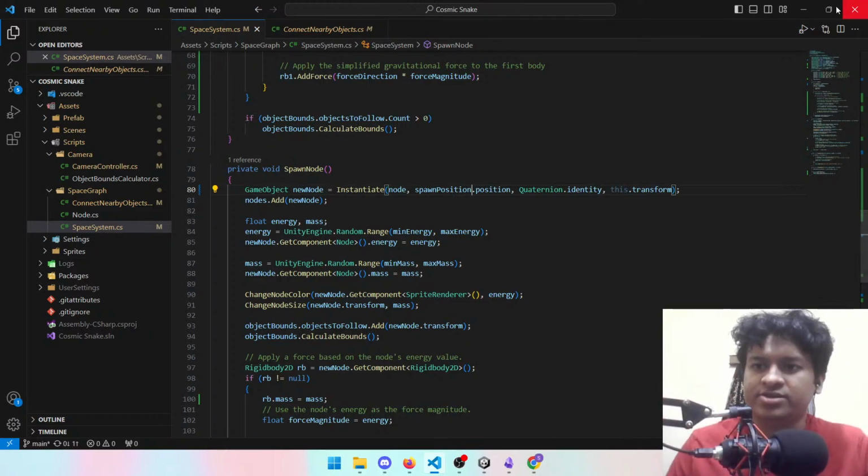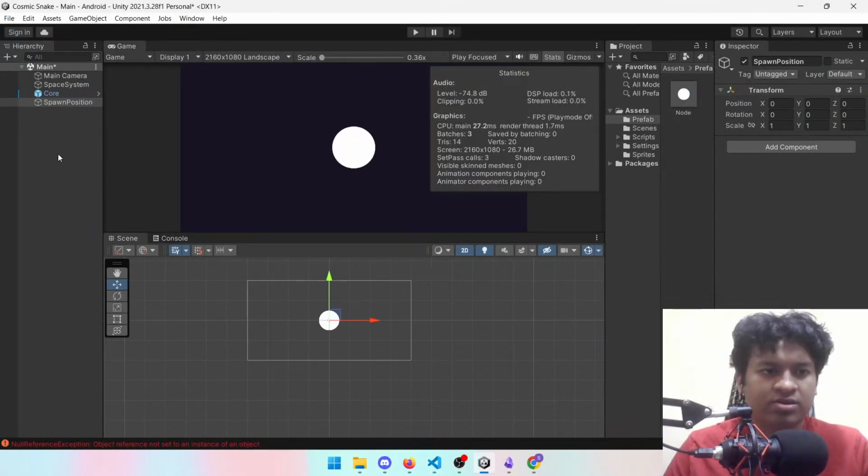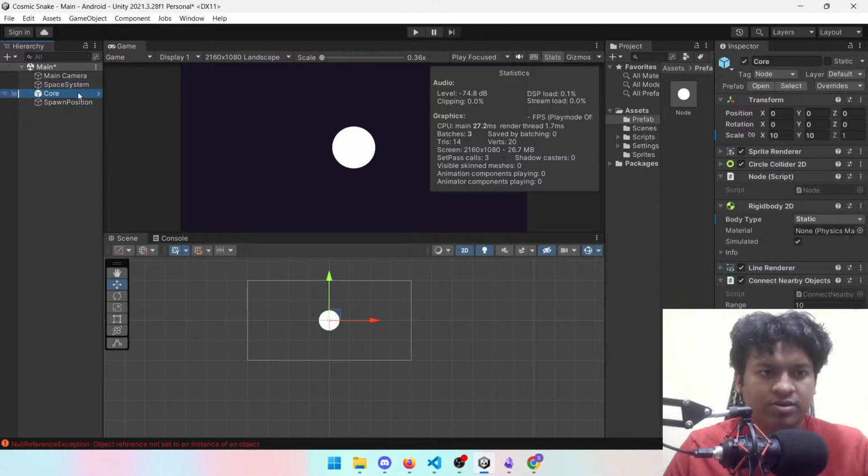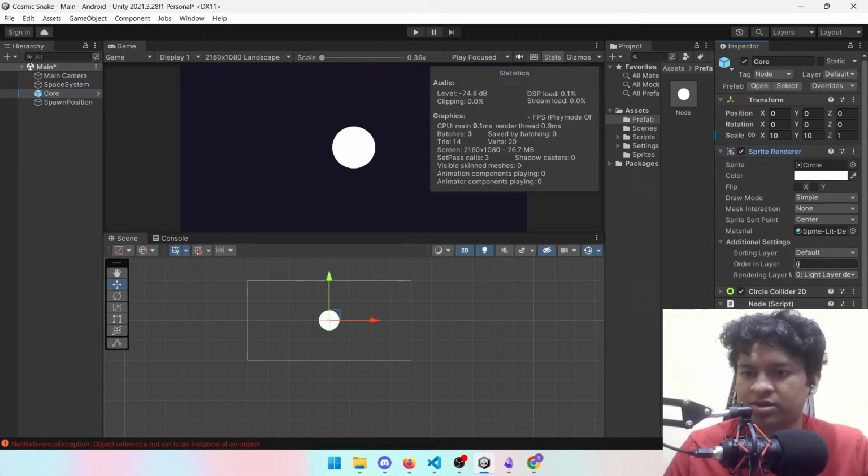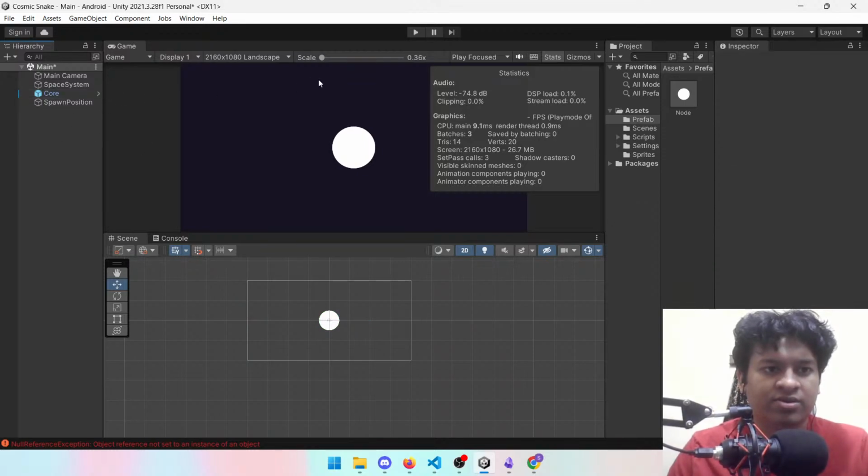I think the gravity is too much. One easy visual fix would be to increase the order of this thing so that it looks like it's coming out from the edges itself.